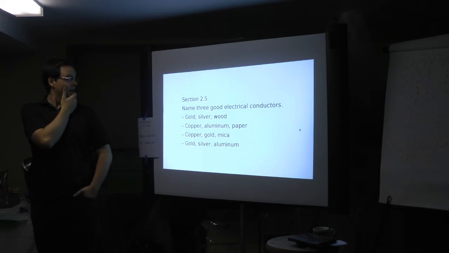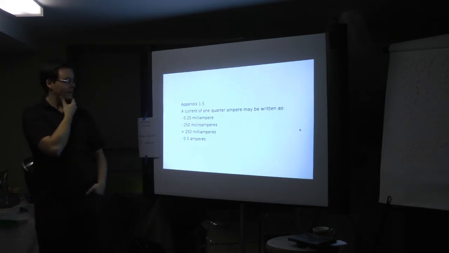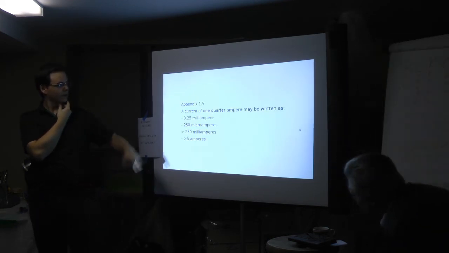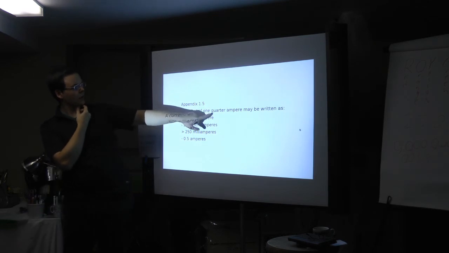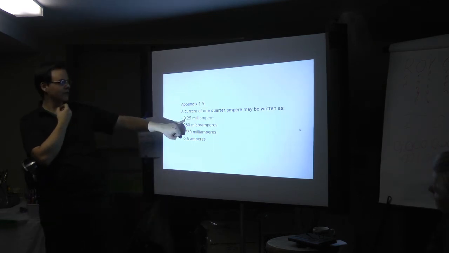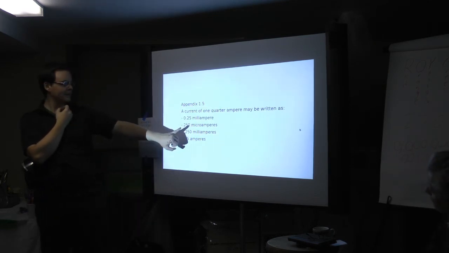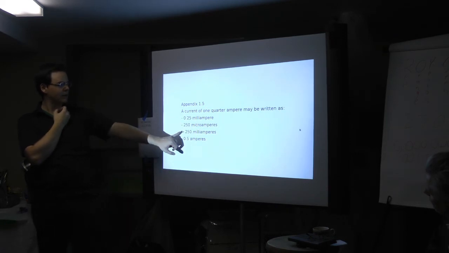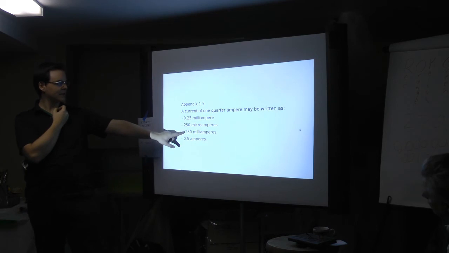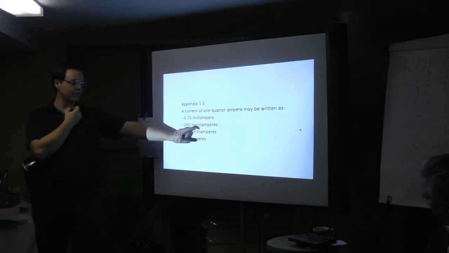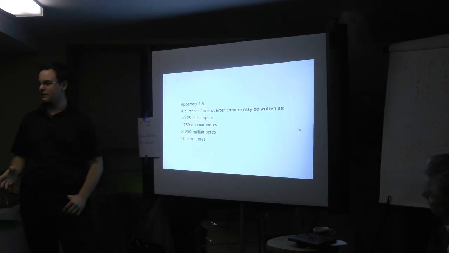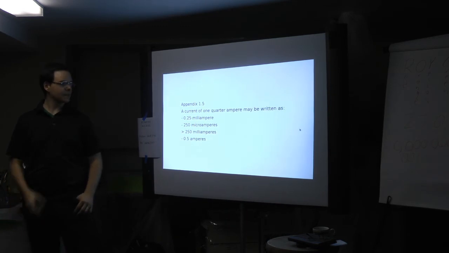Shouldn't that be the answer, 0.25? No, because again, it's 1/4 of an ampere. So 0.25 amps would be correct, but for milliamps we have to move the decimal point 3 places to the right, which gives us 250 milliamps. For microamps, it would be 250,000 microamps, because we get an extra 3 decimal places to the right.